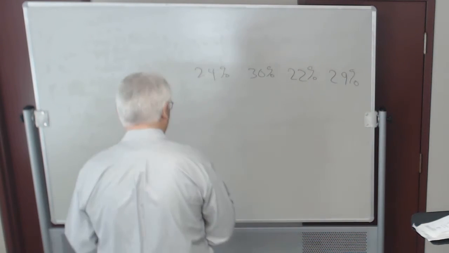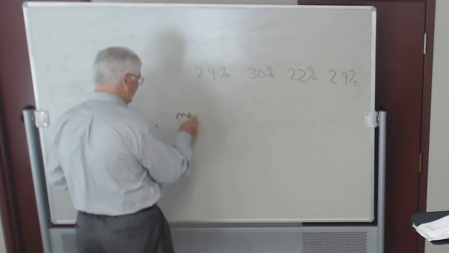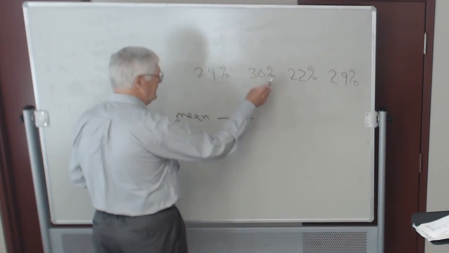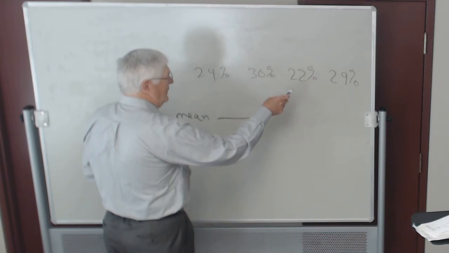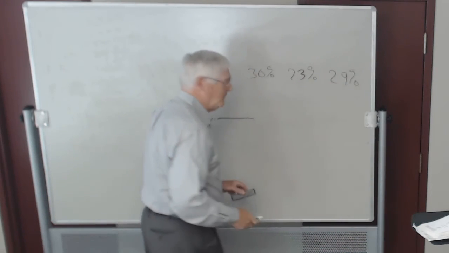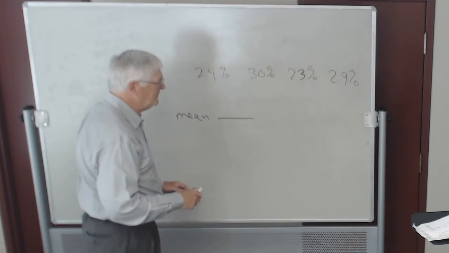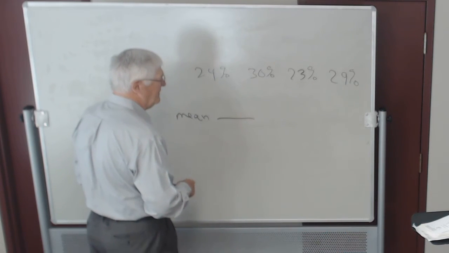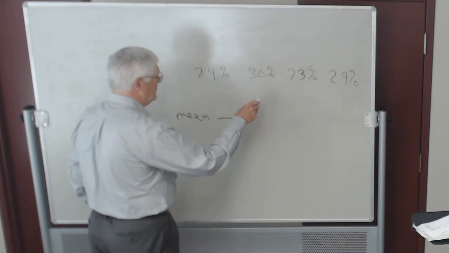So, how do we find the mean for this? We add the scores up. Is this 22 or 23? In the table. Look. 23. Okay.